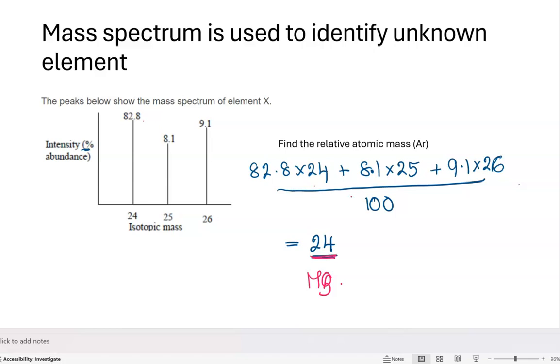Mass spectrum is used to identify an unknown element. The peaks below show the mass spectrum of element X, percentage abundance versus isotopic mass.